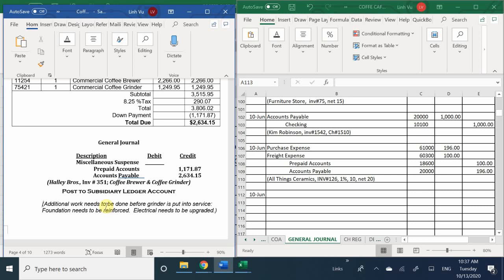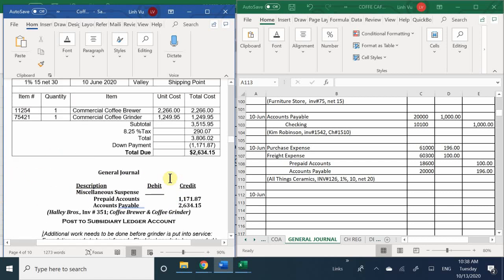So in this case, I want you to put it all into one account called miscellaneous suspense, because we need to calculate the grand total of the coffee grinder before we can separate out the coffee brewer. So we're going to place everything into the miscellaneous suspense account.